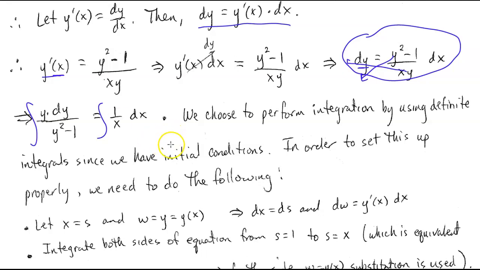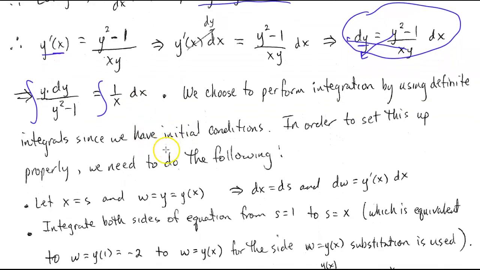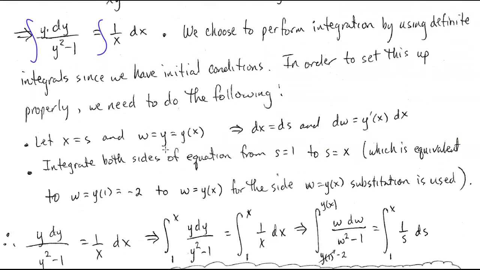Now, if we employ the definite integral technique that I talked about earlier in my video on definite integrals in first order equations, the step we need to take here is to let x equal another variable s. We're doing this on purpose to make these two things look different, even though they're the same.